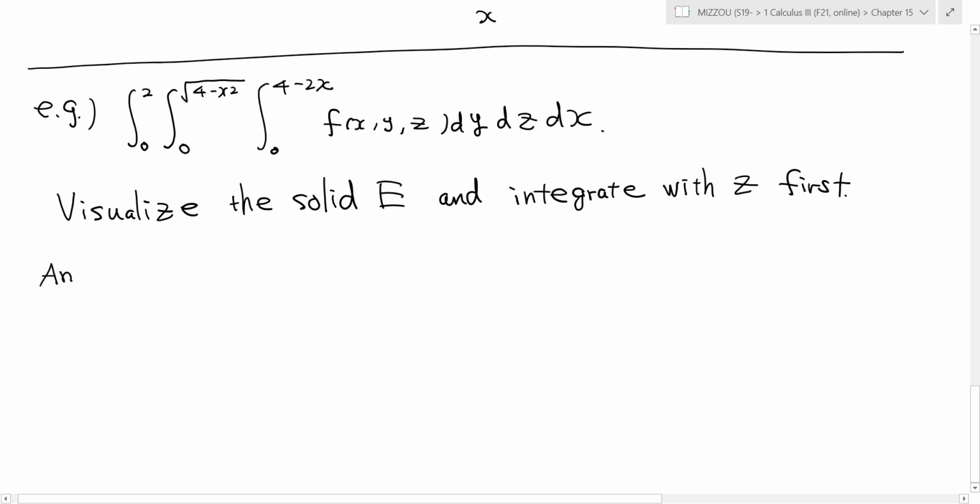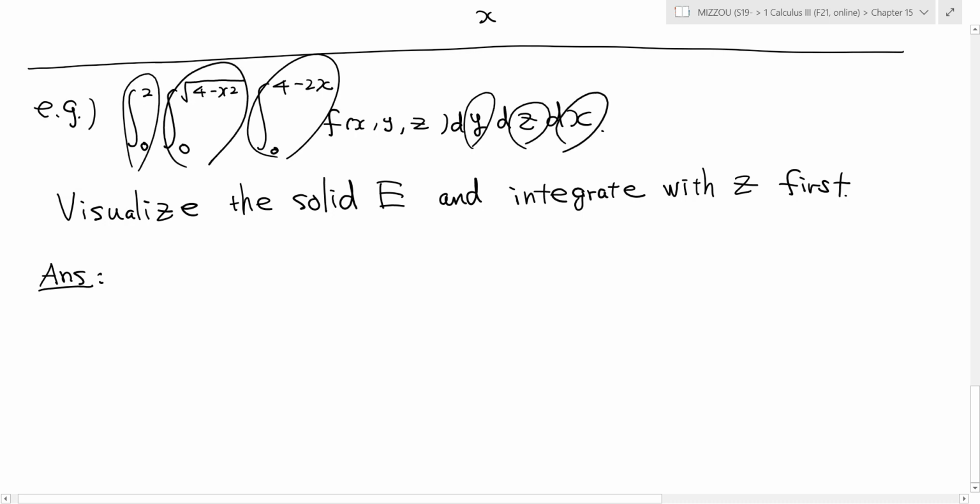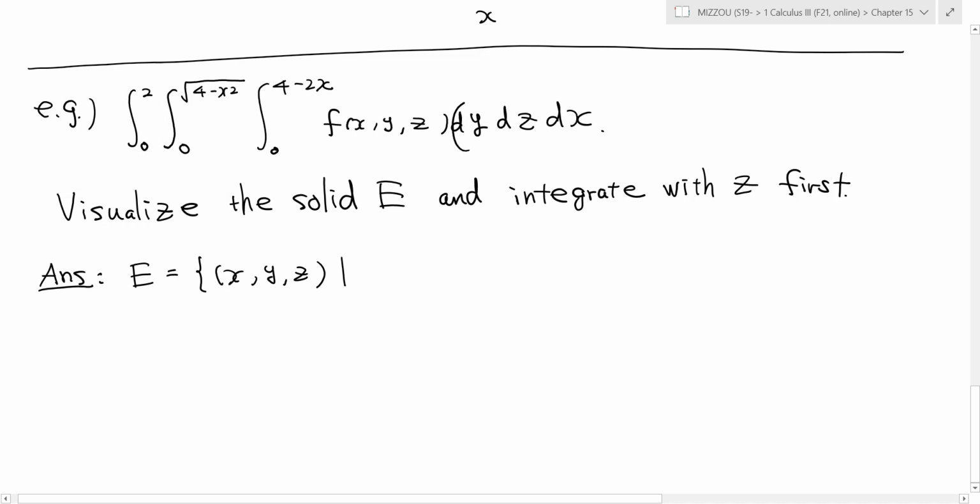Here's the answer. First of all, since you already know the limit for each variable, you can actually write down the solid by using the set notation. It's a set of all x, y, z such that y is between 0 and 4 minus 2x.